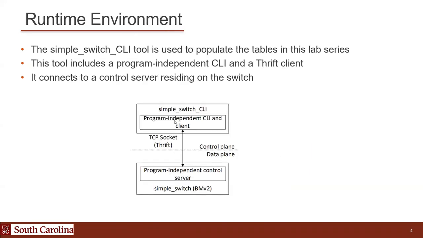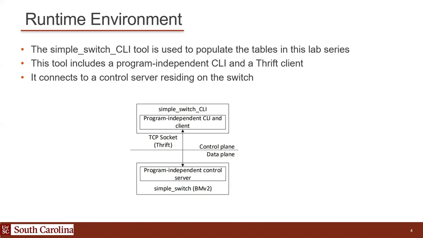Now, for the BMV2 switch, which is using the simple switch target, there's a tool called simple switch CLI that we use to populate the tables here in this lab series. And this tool includes a program independent CLI. And this means that the available functions to be used inside this command line interface are not depending on what you write in the program.